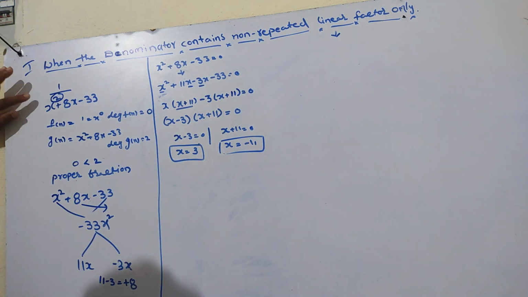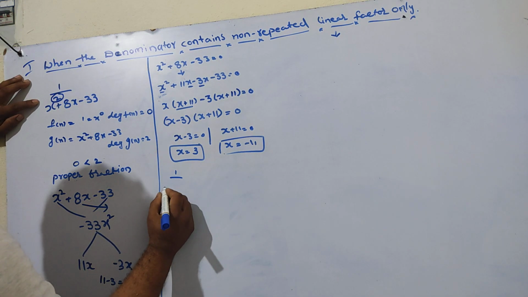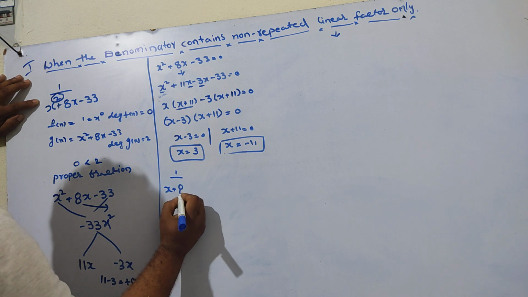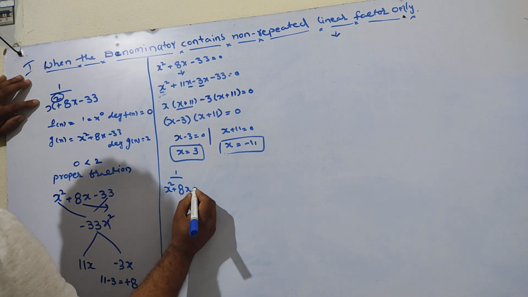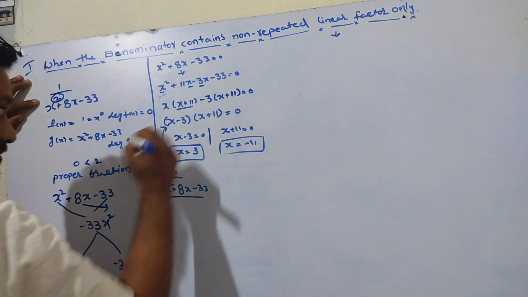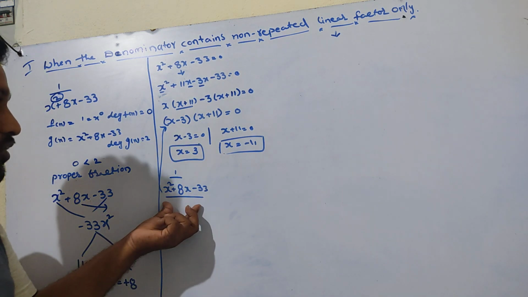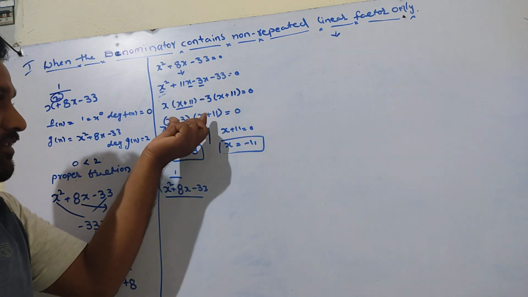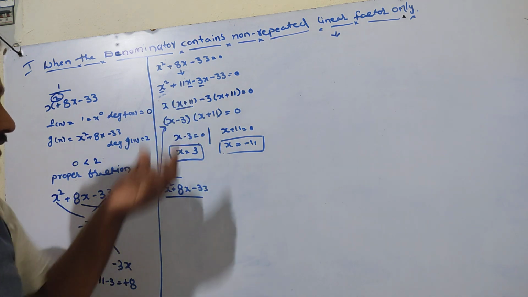Now, the given question is 1 by x square plus 8x minus 33. So these values can be replaced by these values. This total term, both are equal, when we multiply these two terms we will get the same value.